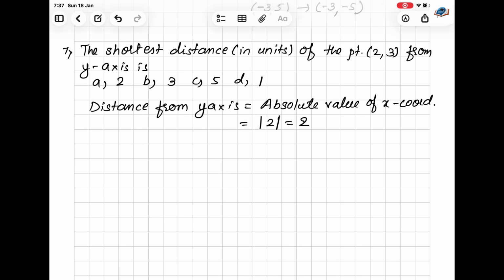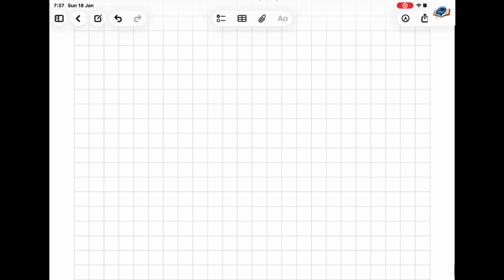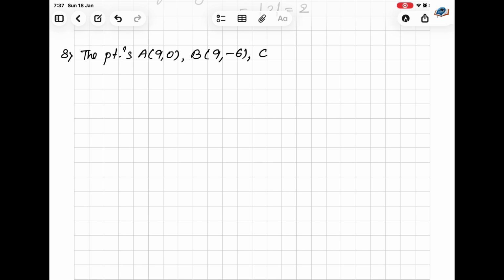Now coming to the eighth question, it says the points A (9, 0), B (9, minus 6), C (minus 9, 0), and D (minus 9, 6) are the vertices of.